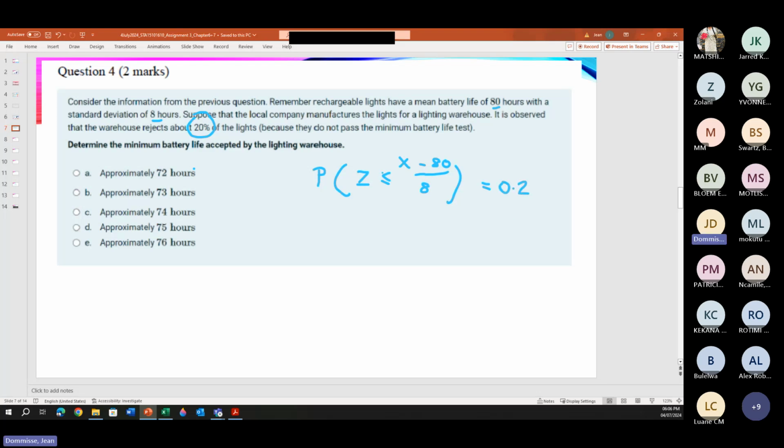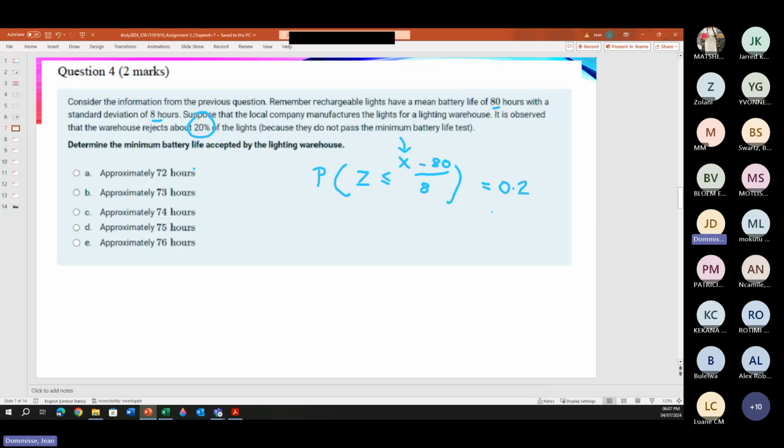Okay, so now it's suddenly a bit different. So now they tell us, well, we've got a probability. We have that 80 hours, that is the mean. We've got the standard deviation, but we now need to work out the X. But at least they give you a probability.